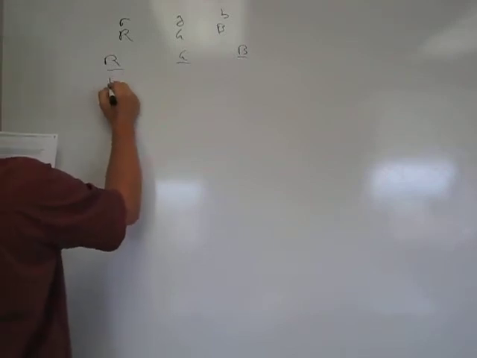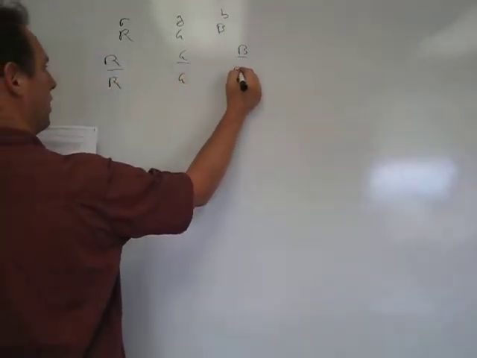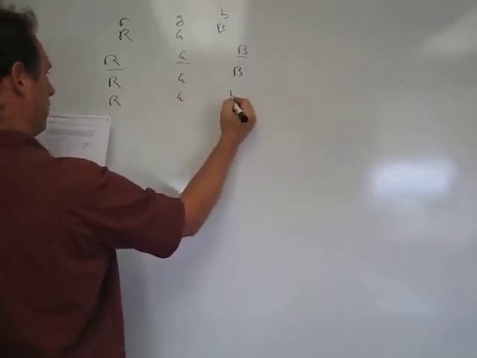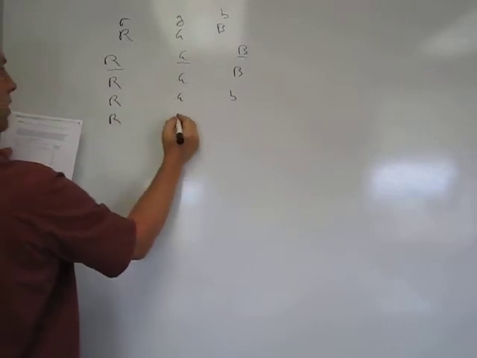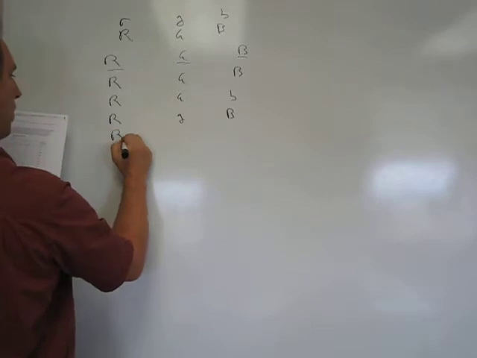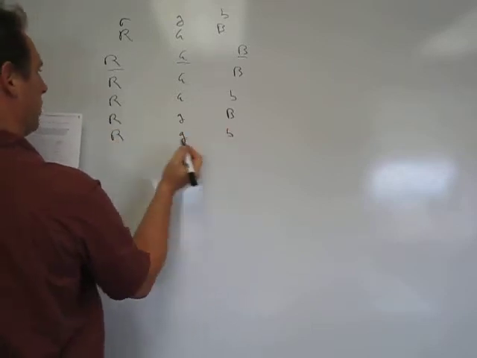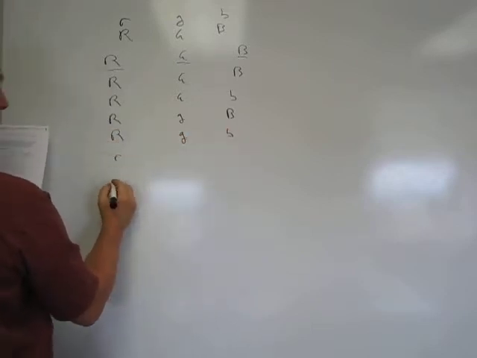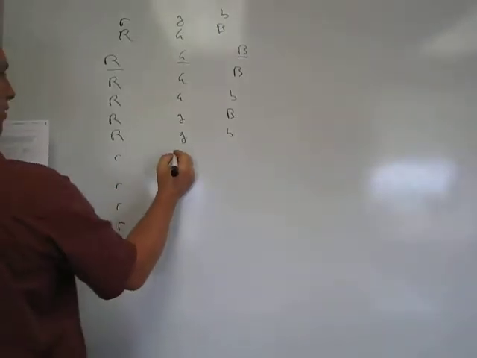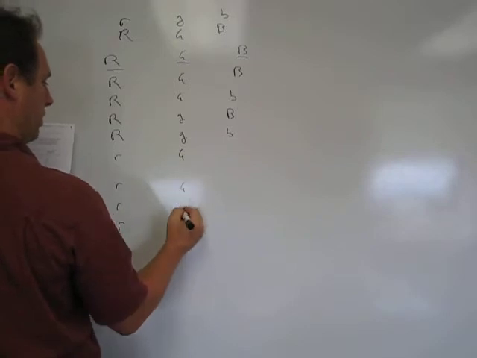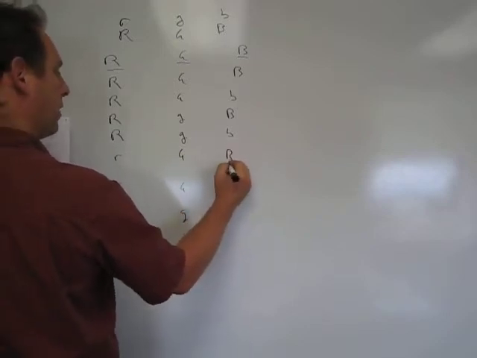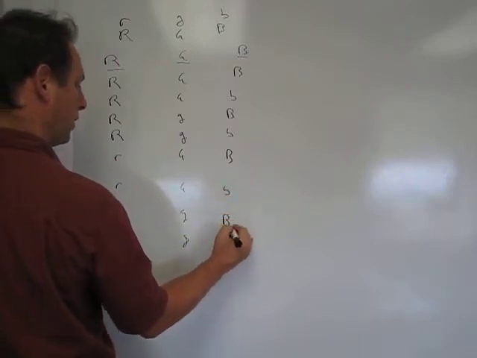So there's big R, big G, big B; big R, big G, little b; big R, little g, big B; and then big R, little g, little b. And now all the little r ones, little r, little r, little r, little r. And then the same pattern, big G, little g, and then big B, little b, big B, little b.